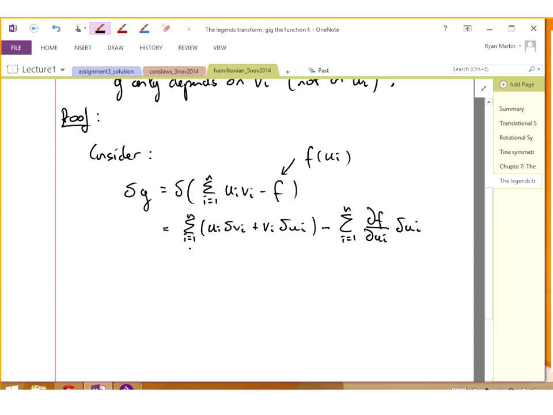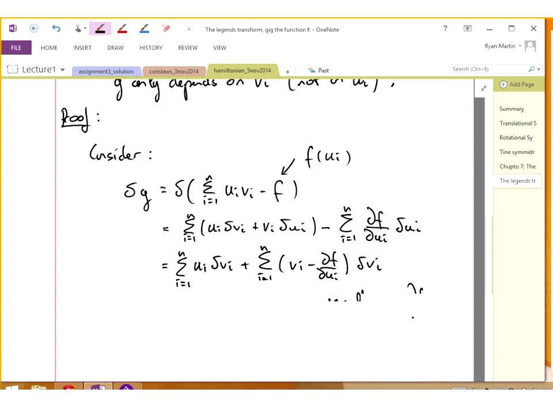Okay, so let's group the terms that depend on delta v_i and the ones that depend on delta u_i. So it's the sum from i equals 1 to n; there's only one term that depends on delta v_i, so it's u_i delta v_i. And then plus the sum from i equals 1 to n, where I factor out the delta u_i: v_i minus the partial of f with respect to u_i, times delta u_i.